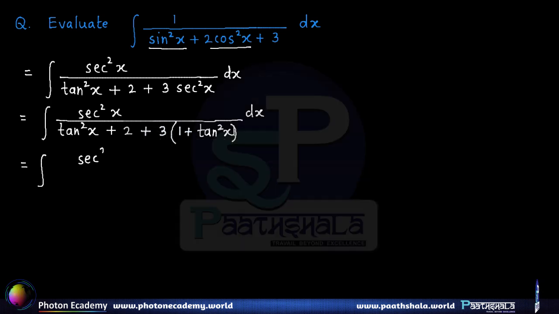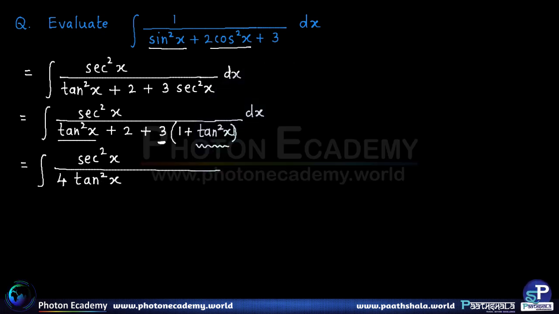So we have sec square x whole divided by, if we look here, tan square x multiplied with 3, so 3 tan square x plus the first tan square x, which gives us 4 tan square x, and then this 2 and this 1 getting multiplied with 3, that gives us plus 5, correct? So that is the denominator.